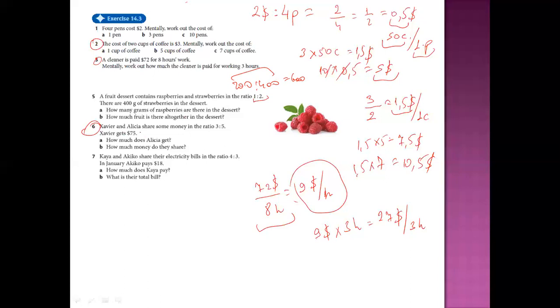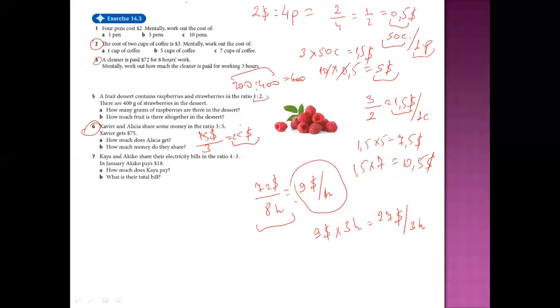Okay, and Javier and Alicia, question 6. Javier and Alicia share some money in the ratio 3 to 5. The ratio, don't forget, is 3 to 5. Javier's share is 3, less than Alicia's money, okay? And Javier gets $75. First of all, we should find the unit or one part. Javier gets $75, divided by his ratio, which is exactly 3, so 75 divided by 3 is $25.